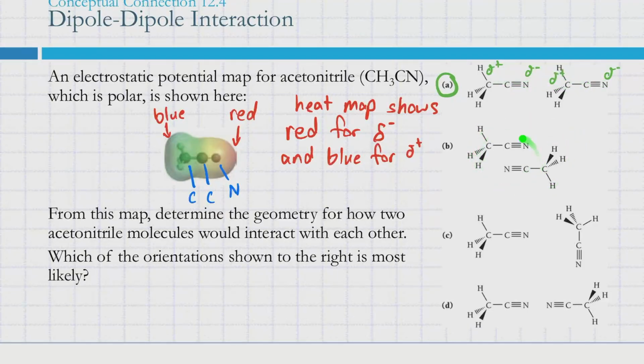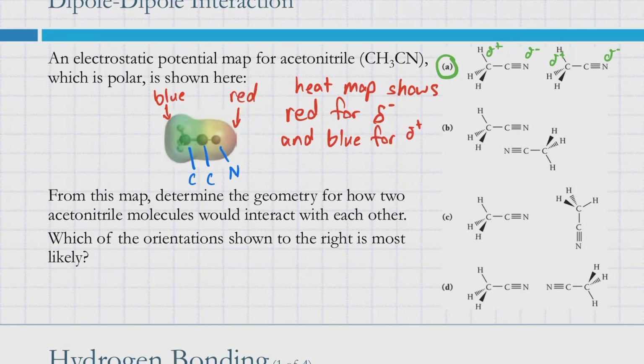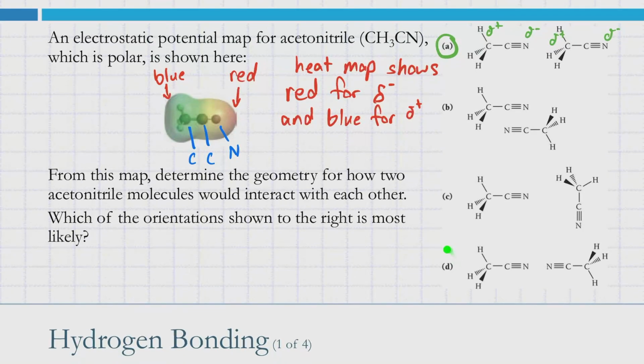In B, they're not going to line up in this orientation because we'd be putting the negatives next to each other. We might get some overlap from the pi bonding, but I don't think that's likely. And D is the worst of these because we'd be putting the negative sides next to each other, and same polarity magnet sides don't go well together.